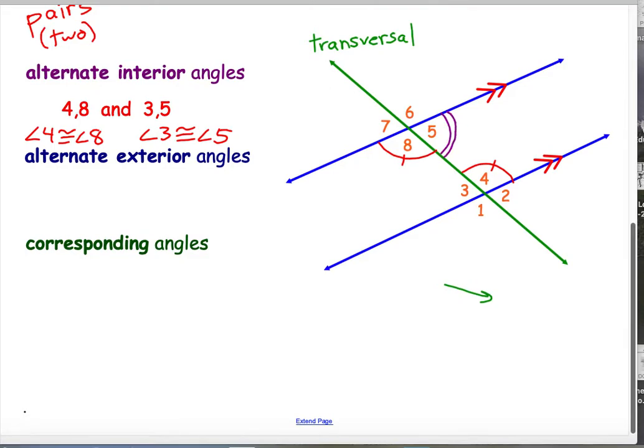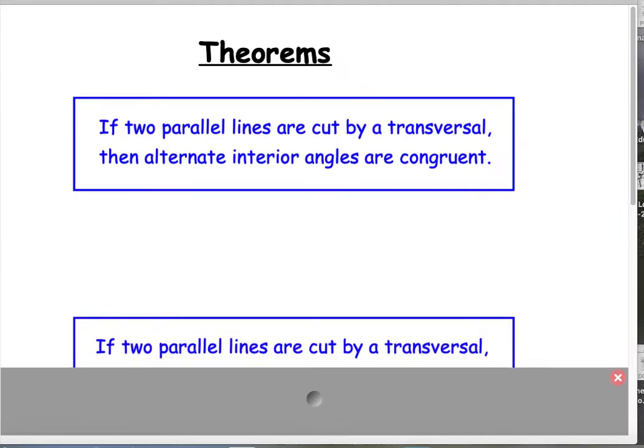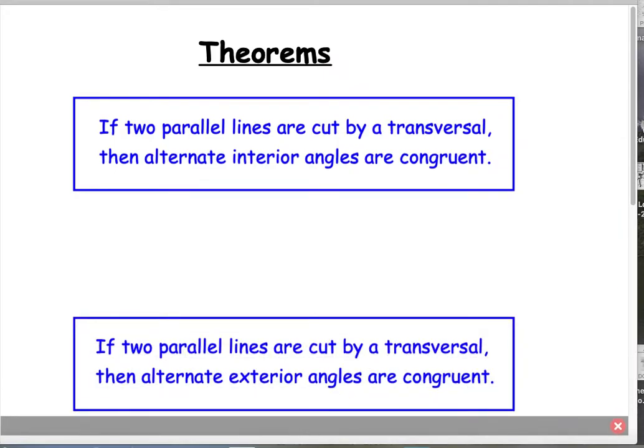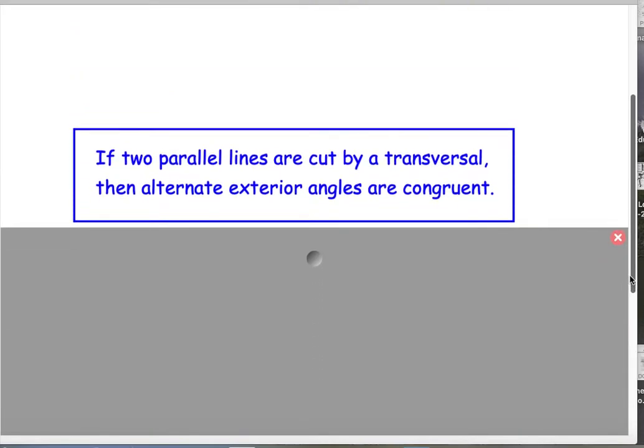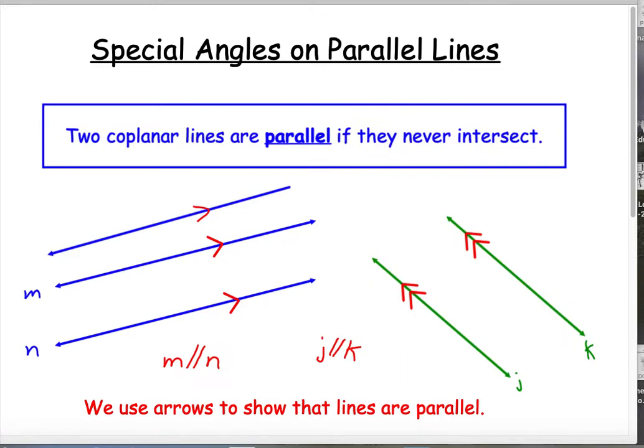Use a different mark for 3 and 5. So alternate interior angles are congruent. The next theorem says if 2 lines are parallel, cut by a transversal, then the alternate exterior angles are going to be congruent. Let's go back to that picture.